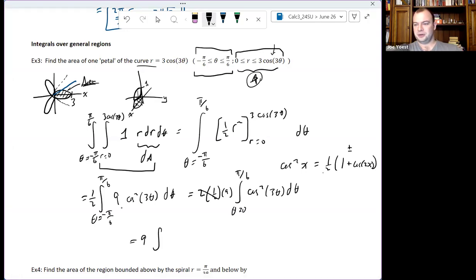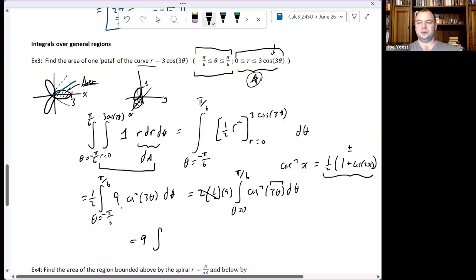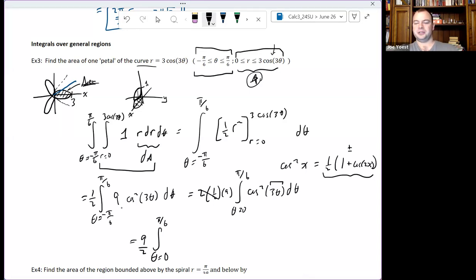But anyway, we see that we need to integrate this with the case x equals 3 theta. So I have a 1/2 coming out. Theta still goes from 0 to pi over 6 because we did this little symmetry trick here to save a little arithmetic. And I have 1 plus cos of 2 times 3 theta, cos of 6 theta, d theta.